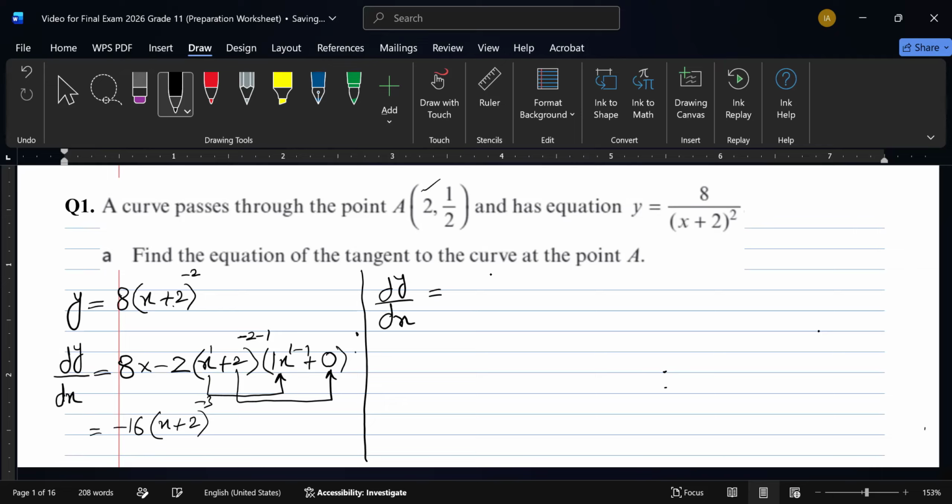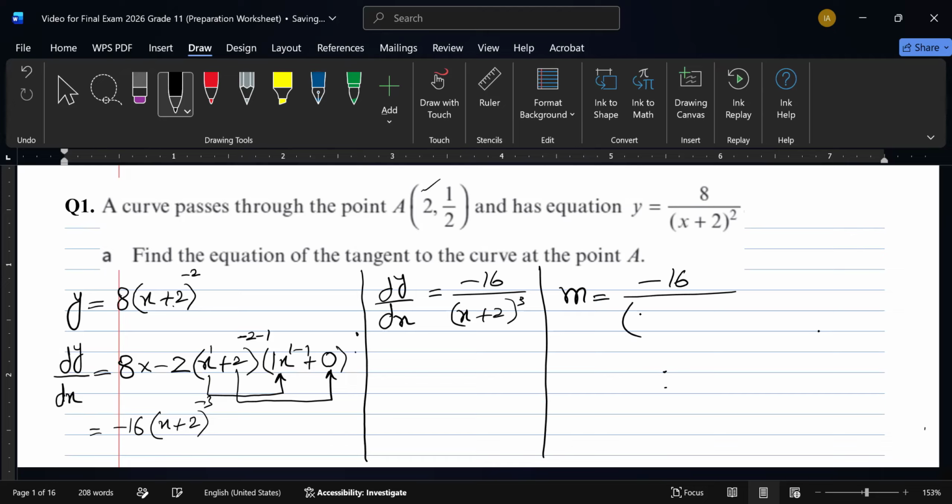That's why I move it, and we have minus 16 over (x plus 2) to the power plus 3. Now, as I substitute the value of x here, what will happen?